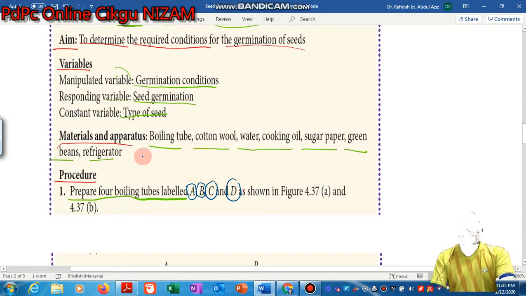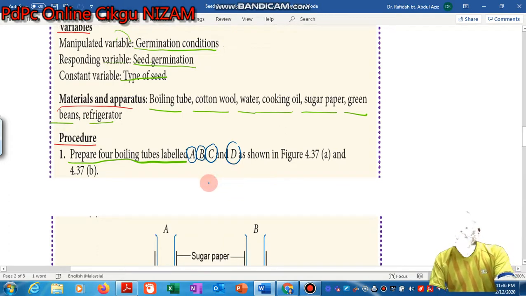Okay, so what is the condition for every boiling tube? Each will have their own condition to show about the required condition of seed germination.